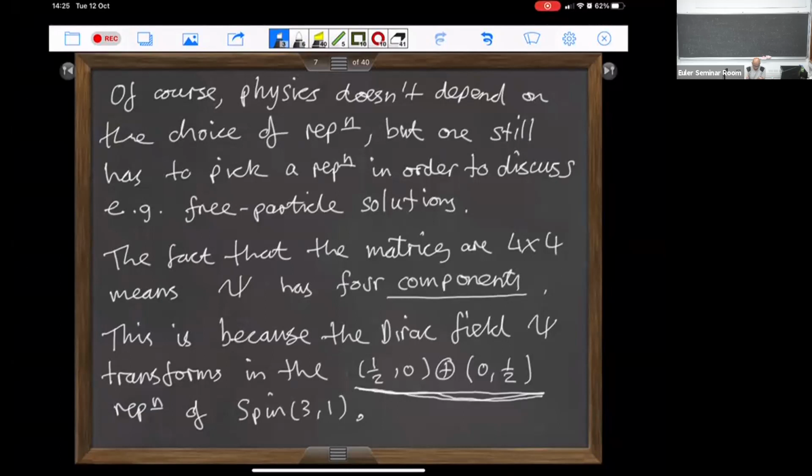So the Dirac field is the direct sum of the left and right-handed spin 1/2 representations of the Lie algebra of the Lorentz group. And since this representation is 4-dimensional, it's 2 + 2-dimensional, those are the 4 components of the Dirac spinor field.